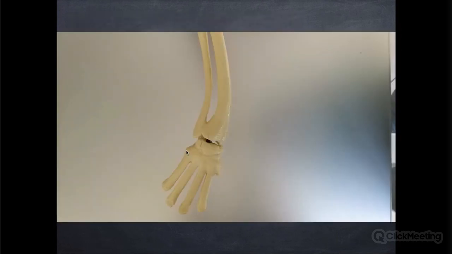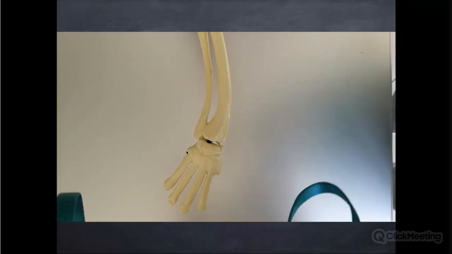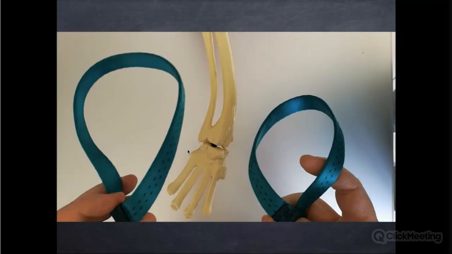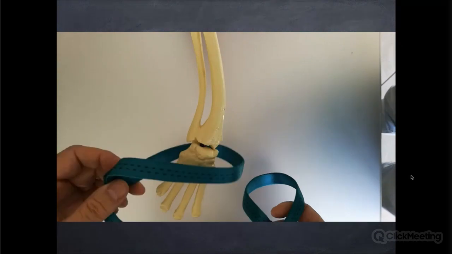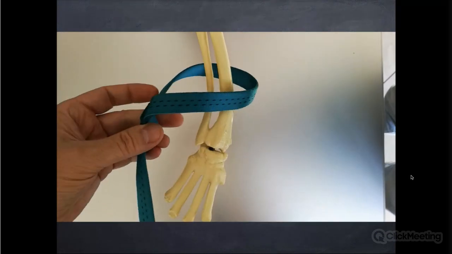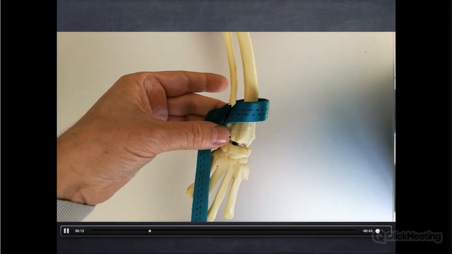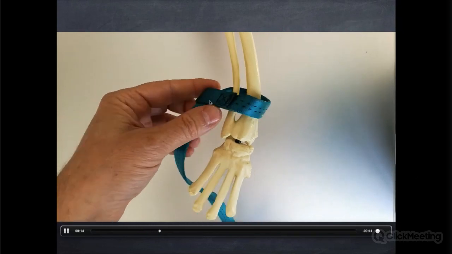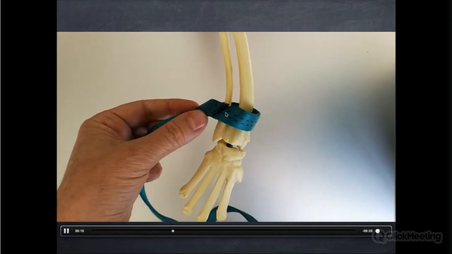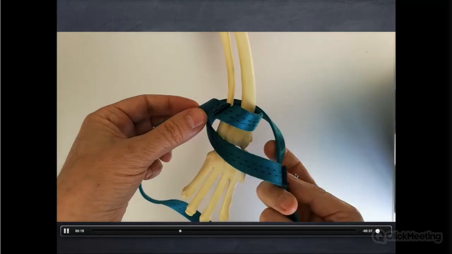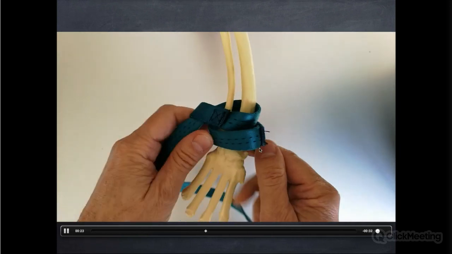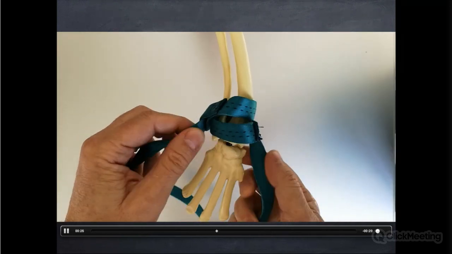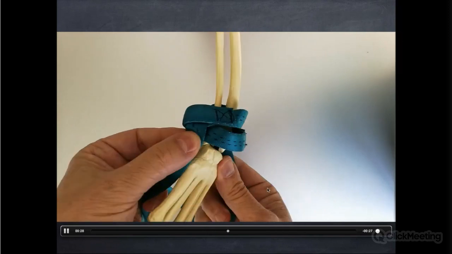The traction belt is the simplest device that we can use to apply traction. Very simple. This belt can be sterilized in the autoclave, of course. It's important that we apply the nut on one side like that, and the other nut of the belt on the opposite side of the limb like this, in order to apply an even traction.